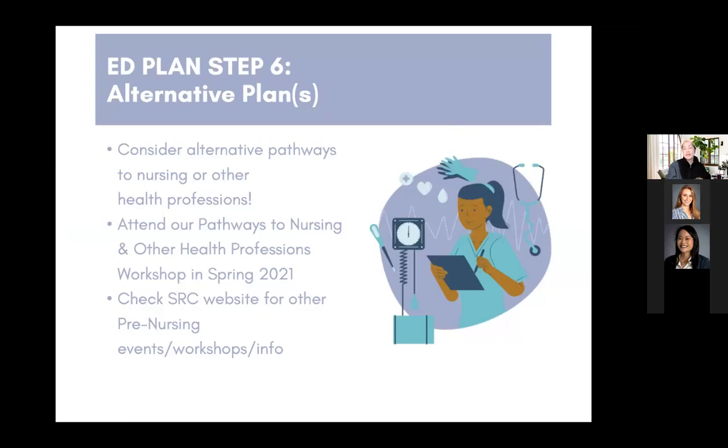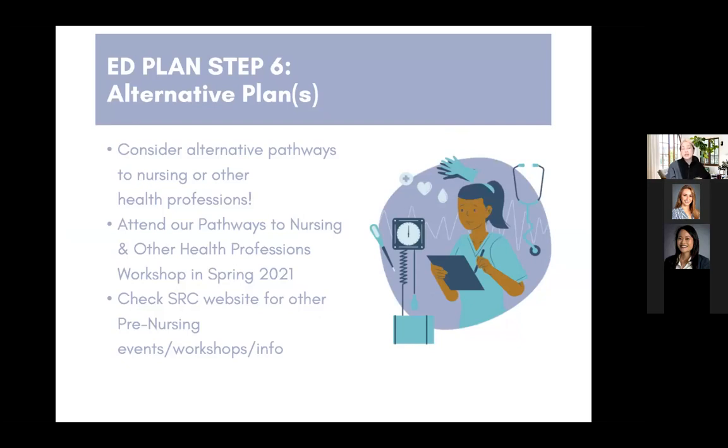Again, you may want to consider alternative pathways to nursing or other health professions. We have our Pathways to Nursing and Other Health Professions workshop coming up in the spring. You'll get an email invitation, like you did for this workshop, to attend it.